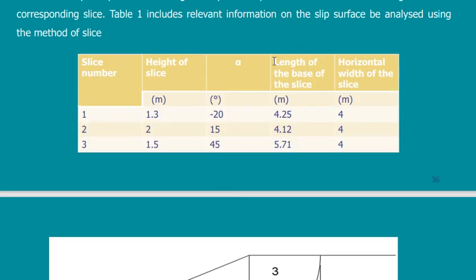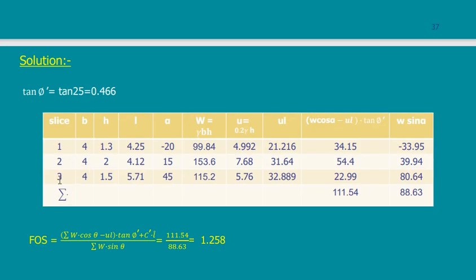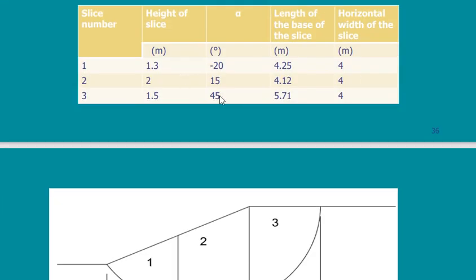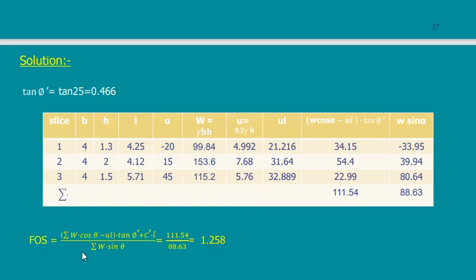This ends the givens in the problem. I will use this table for each slice and write what is given, and then we'll start calculating what I need based on my equation. This is the equation I need to calculate to get the factor of safety.